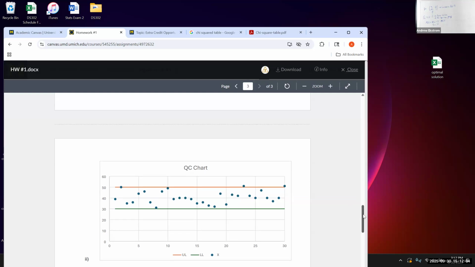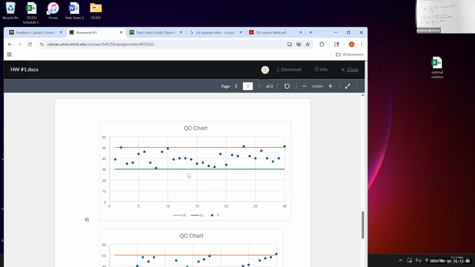One of the things that these charts are supposed to do is give you a visual representation of what's actually going on. If you look at what the original data was, that's how you go back and determine whether or not that's in bounds or out of bounds.